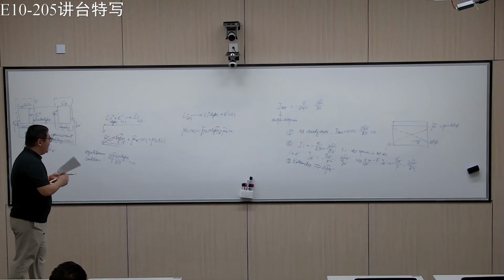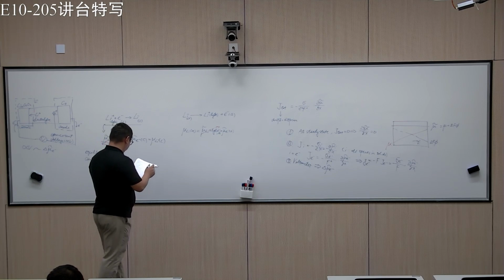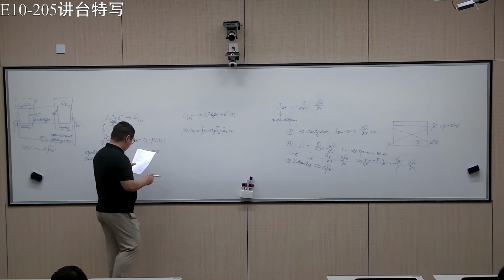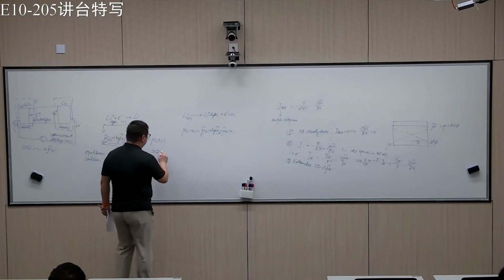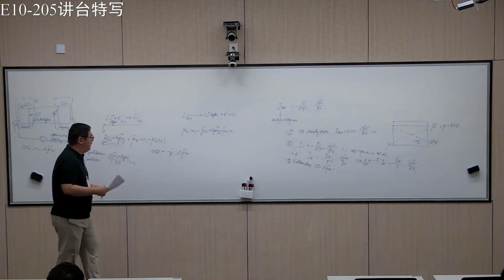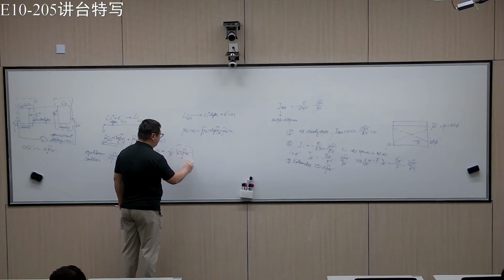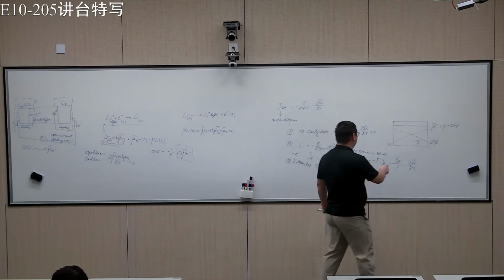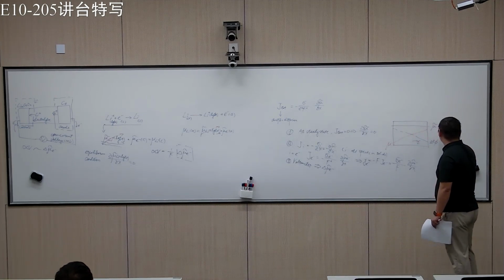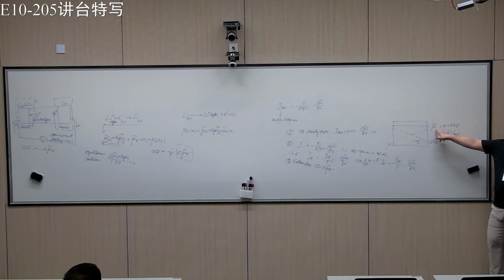Okay, so if I put this together with that one, what I have is basically the OCV should be the delta mu e. However, since we have the chemical potential here, this unit should be something like kilojoule per mole, which has the same unit as the chemical potential.